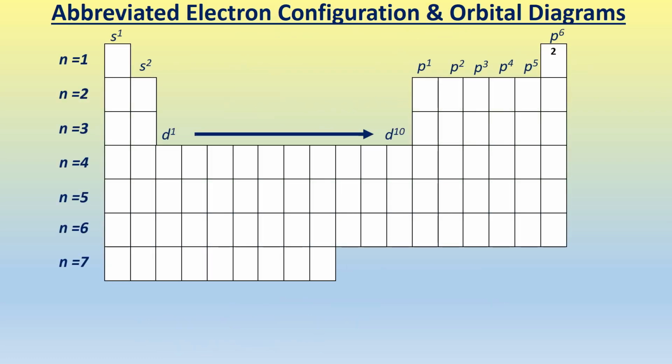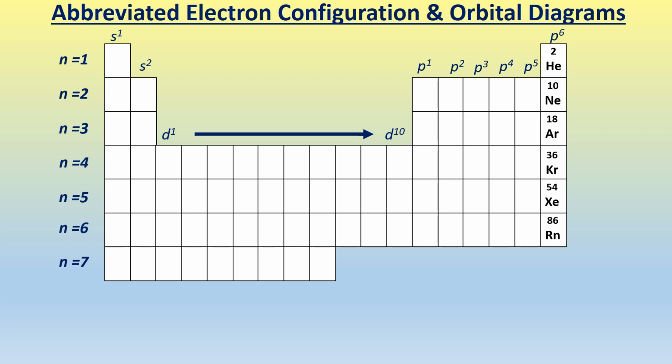For starters, the periodic table is laid out in rows and columns, where the rows indicate what the primary energy level, n, of the final electron is, and the columns correspond to which orbit the electron is going into.